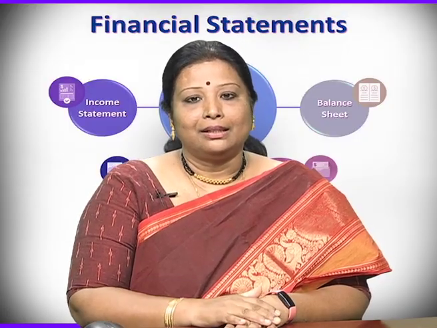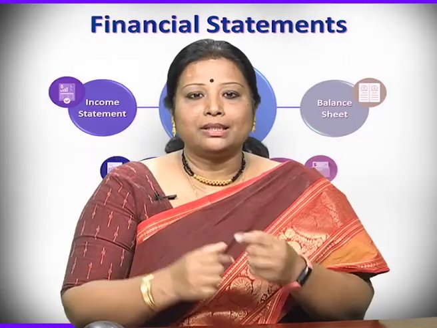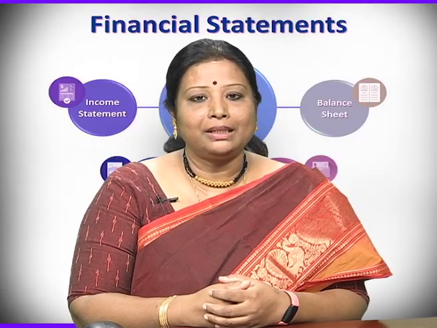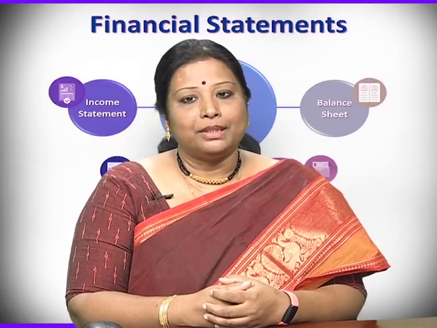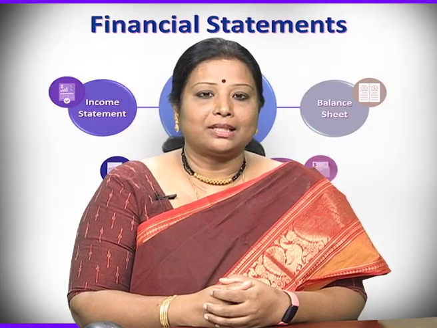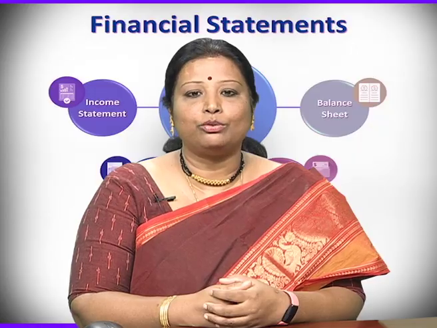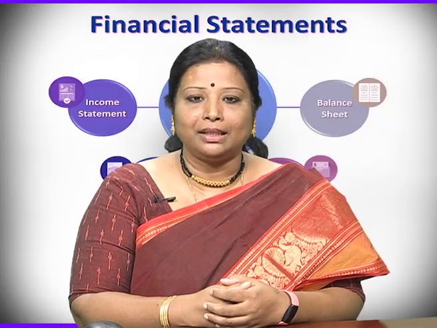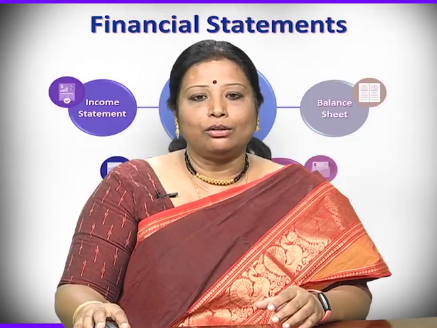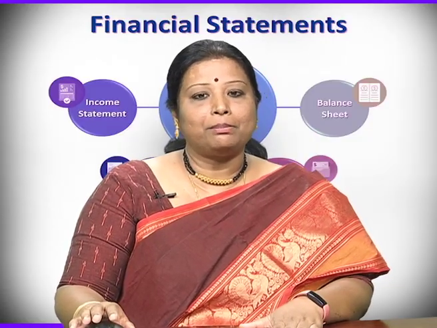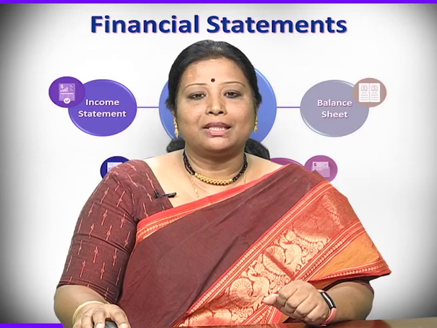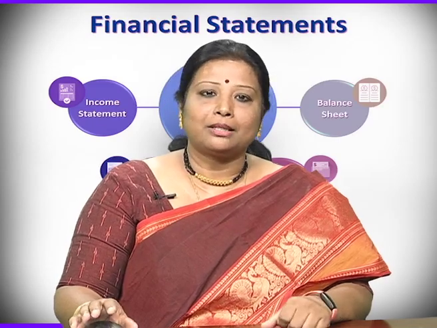Assets also can be classified into current assets, which can be converted into cash within one accounting period. Example: cash, bills receivable, inventory, etc. Non-current assets are not expected to be fully utilized within the current accounting period and span across multiple periods, which includes tangible assets like property, plant and equipment, and intangible assets like patents and trademarks.